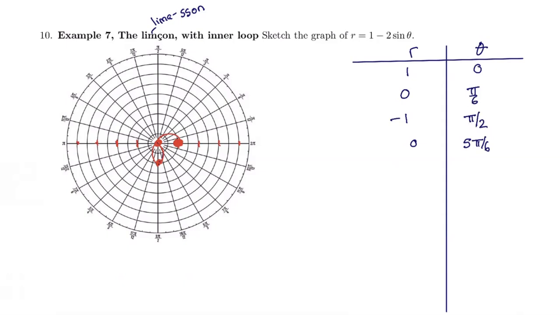Where is this function going to go next? Let's try pi. And when I put pi in, I end up with 1. So go out to 1 and around pi. Let me change my pointer color so that we can see this a little bit more clearly. So I trace now, since I'm at the origin, I'm going to trace this way, to get to where I want to be.